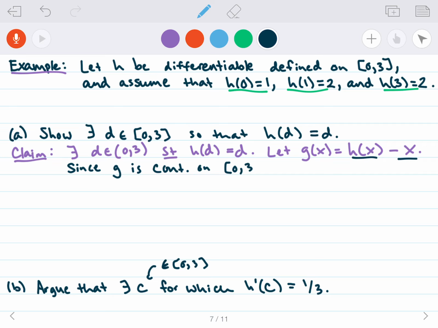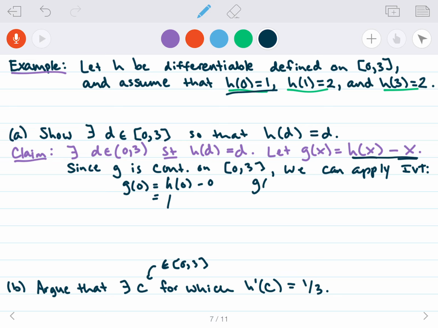Okay, so we can apply IVT. We have the following. We have that g of 0, well, g is just h minus x, so that's going to be h of 0 minus 0, and h of 0 is 1. So 1 minus 0 is 1. We have that g of 3 is h of 3 minus 3, and that is going to be 2 minus 3, which is negative 1.